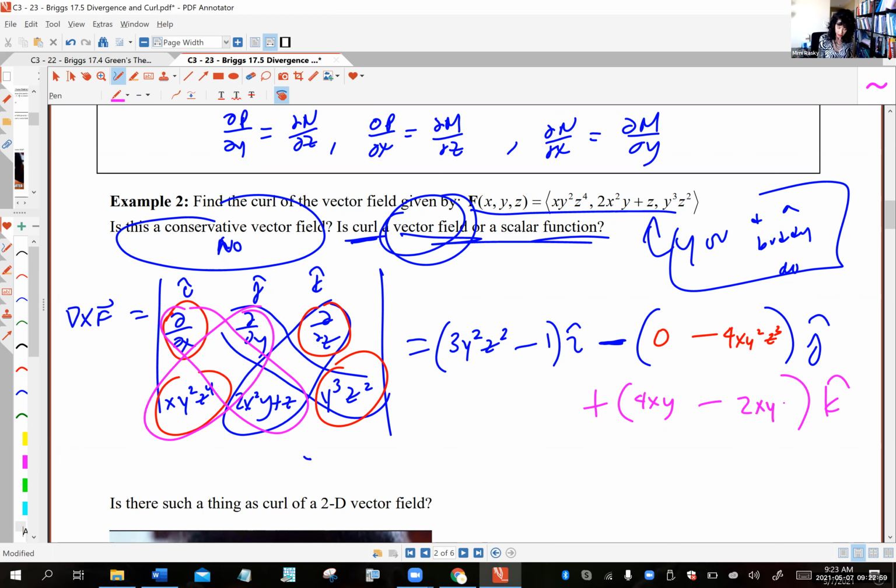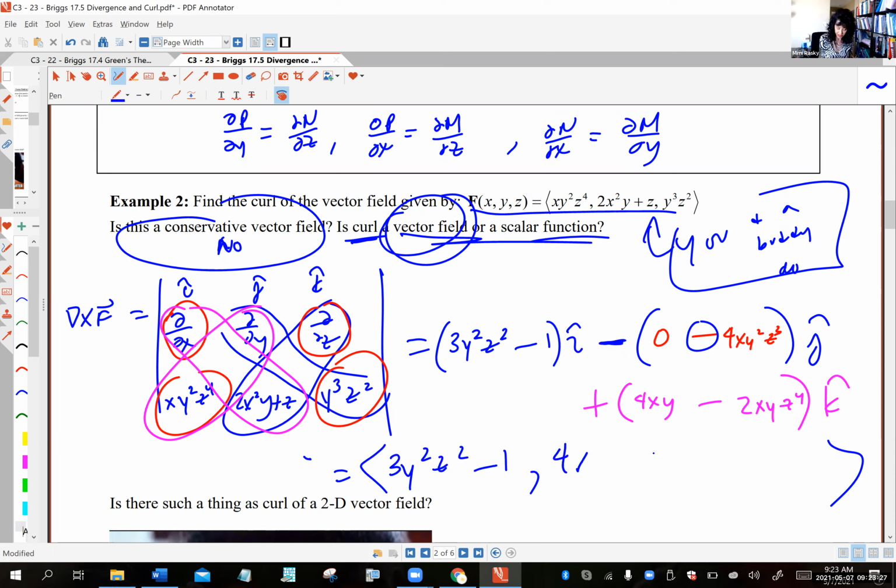And you're pretty much done, although you may want to clean this up a little bit. One of the ways I like to clean up is this minus and this minus will end up being a plus. And I like component form. That's just personal preference. My lab math may ask you for either one. So be ready. Just follow directions on what they want you to put in there.